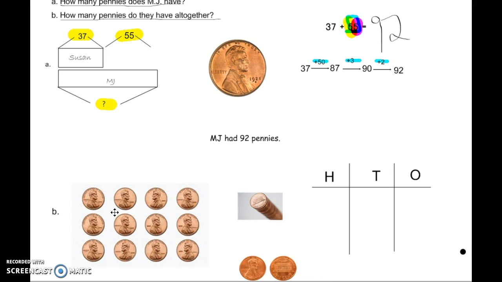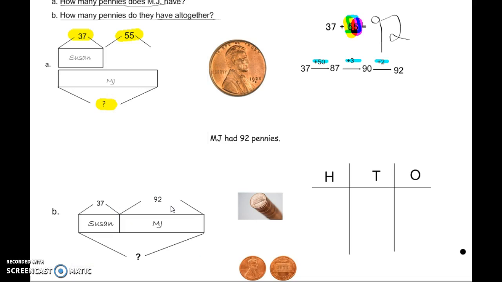I know that Susan has 37 pennies, and now I know that MJ has 92 pennies. My goal is to figure out how many pennies they have all together. So now that I've done that, I'm ready to write my problem as an equation.